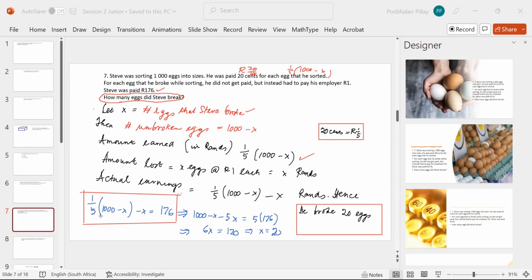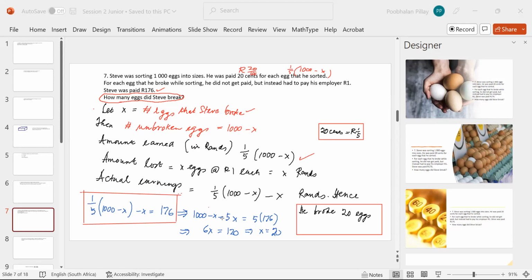And I told you in the first session that to get rid of fractions, you multiply by the denominator, or the LCM, the common multiple. So multiply right throughout by 5 to get rid of this 1/5. When you multiply this by 5, that goes away.